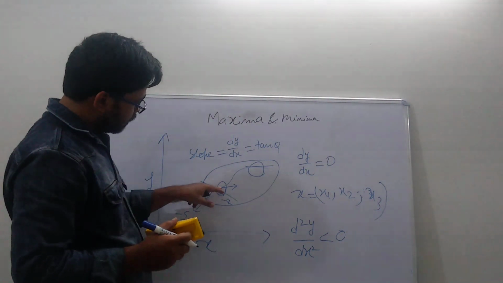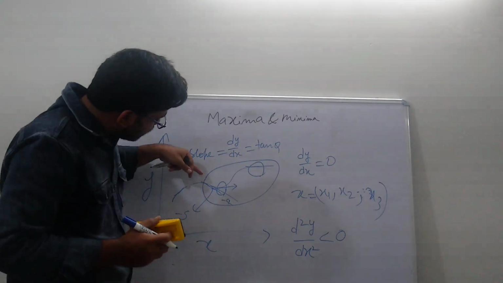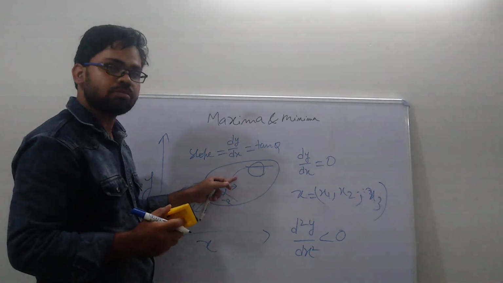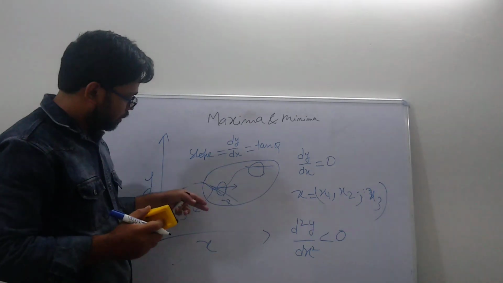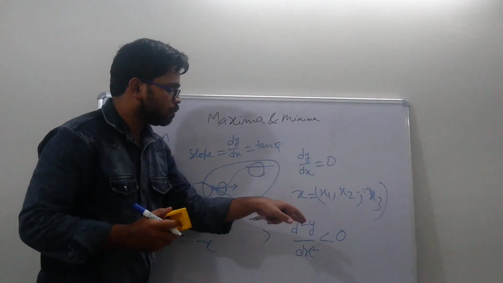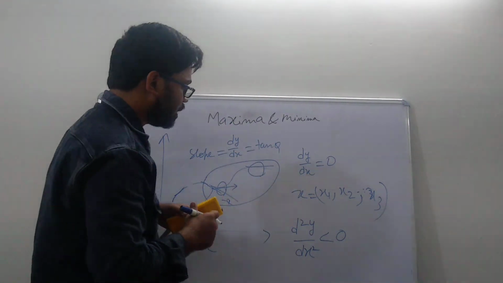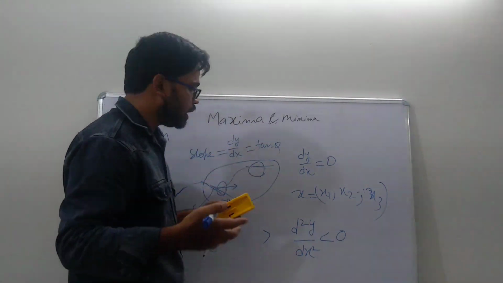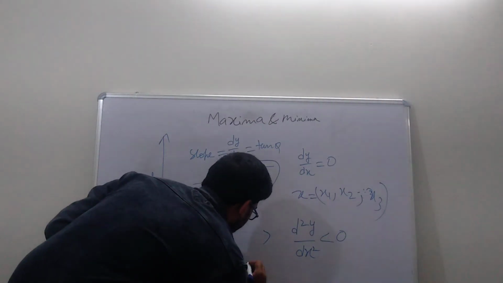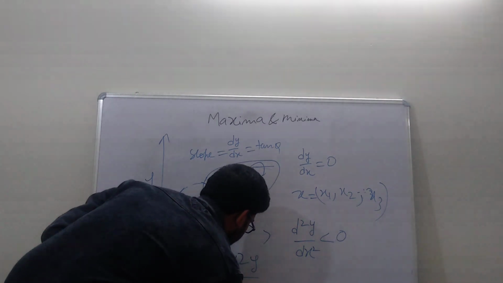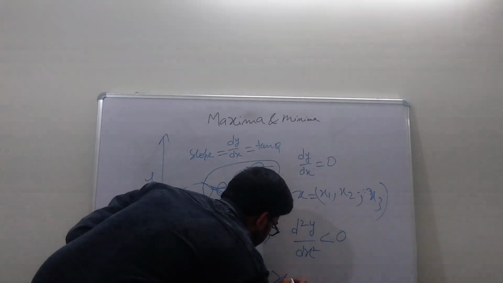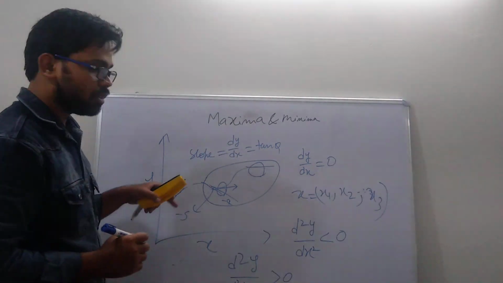Similarly, the concept is that the slope is increasing all the way, and when we take the derivative, we get positive. So when the double derivative is positive, we say we attain the minima. So d2y by dx2 greater than 0 means it is minima.